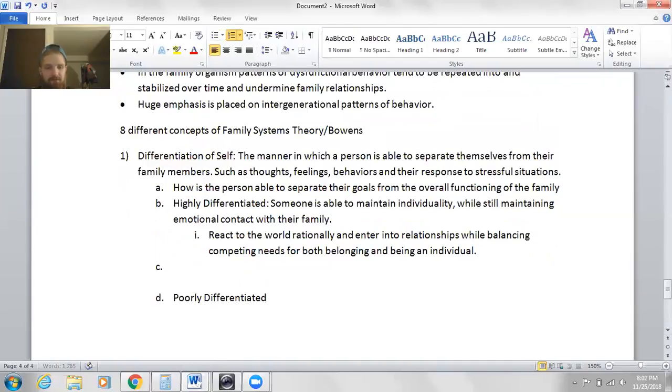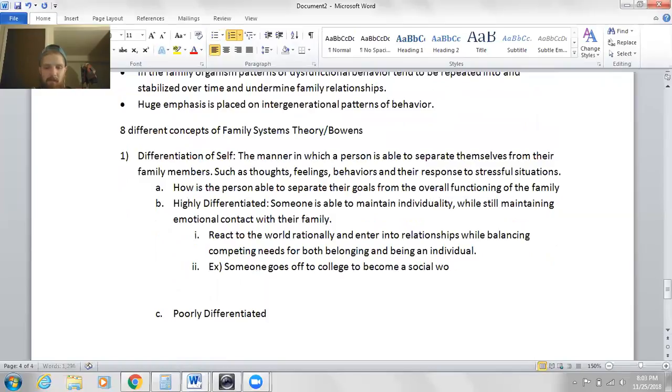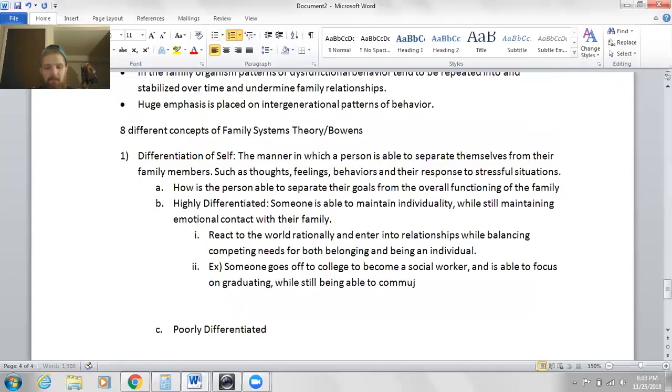So an example: someone is off to college to become a social worker and is able to focus on graduating while still being able to communicate with their family.